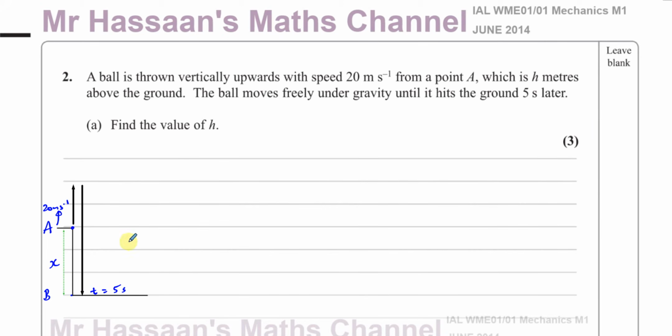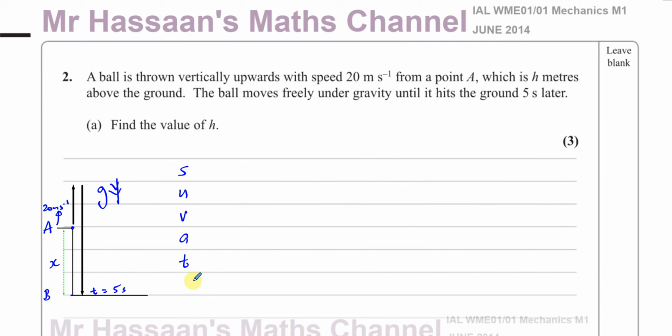What else do we know about the situation? Well, we know that there's a force of gravity acting in the downwards direction, which is g, 9.8 meters per second squared. Now, let's put our values for the suvat equations. Here we have constant acceleration, which is gravity, so we can use the suvat equations.